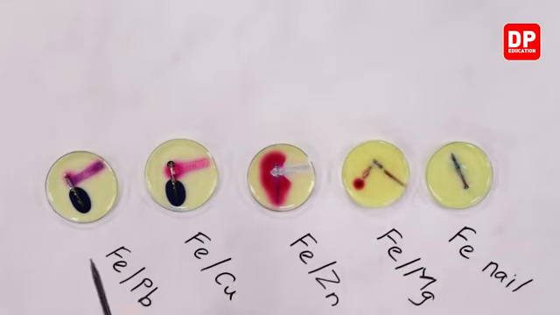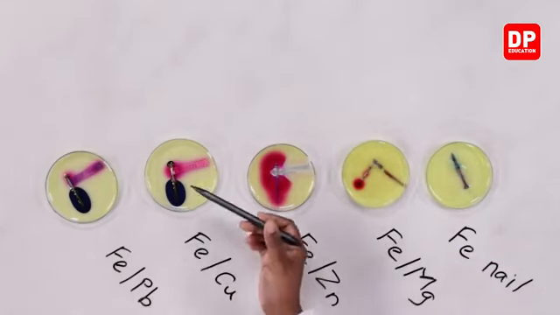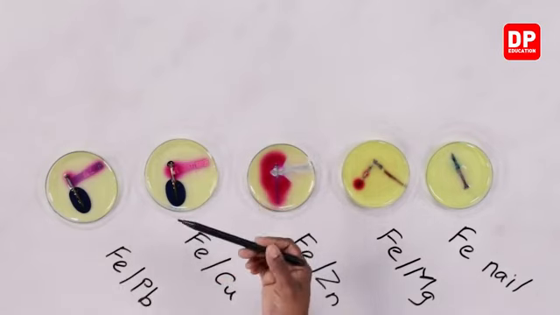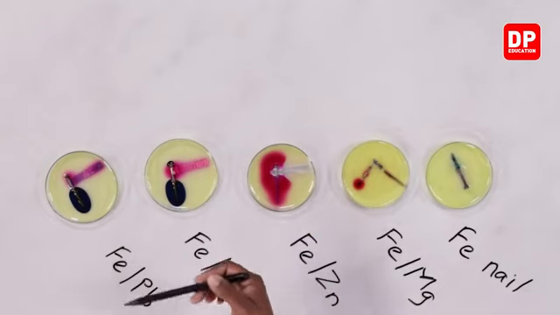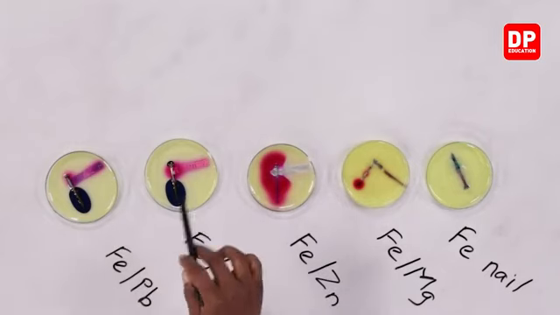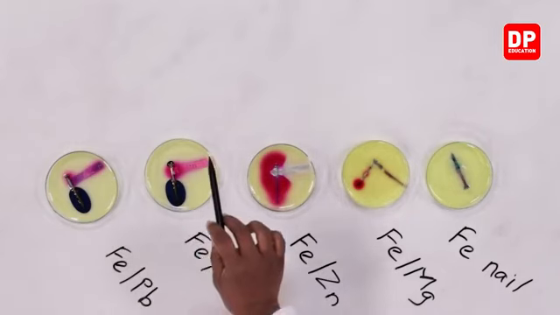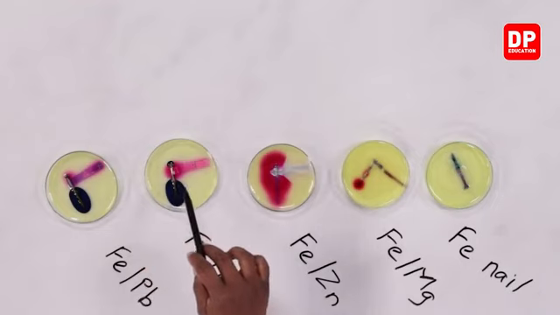Now if we come to the last two activities, here you can see iron and copper. Copper is below iron in the activity series. The same way iron and lead. Lead is also below iron in the activity series. Observe the changes here. You can see near the copper plate there is pink color.